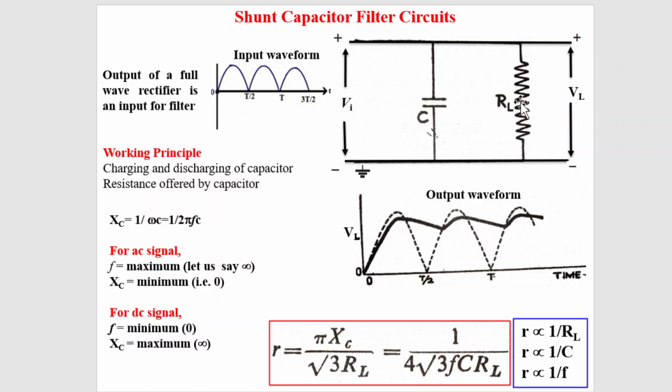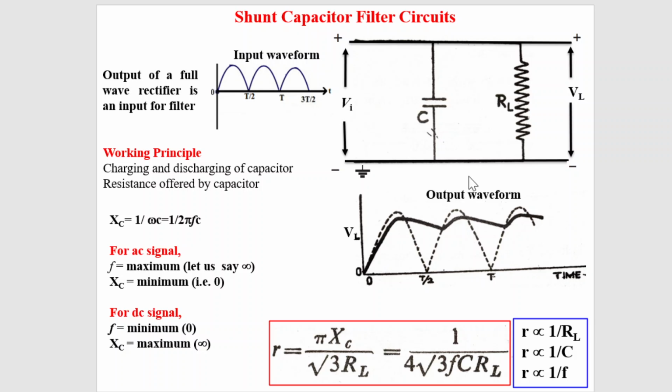Or let us try to analyze more. For a fixed value of load resistance, what should be the value of capacitance? Obviously, if you fix the value of load resistance, the capacitance value should be very, very high. Then we can get the minimum ripple factor. And similarly, for a fixed value of capacitance, in order to get minimum ripple factor, we have to use a very high value of load resistance. Or it may also be asked when one can use a shunt capacitor filter circuit.